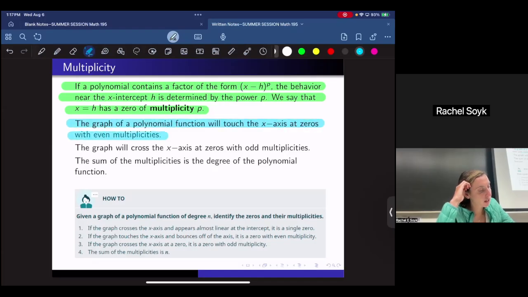And then this second part is stating that the function will touch the x-axis at the zeros with even multiplicities. So if you have a multiplicity of 2, you'll really emphasize that bounce off the x-axis. But if you have a multiplicity of 4, it will also hit the x-axis. It won't be quite like a basketball bounce. It'll be sort of a little bit longer in terms of a horizontal line. And I'll show you maybe.